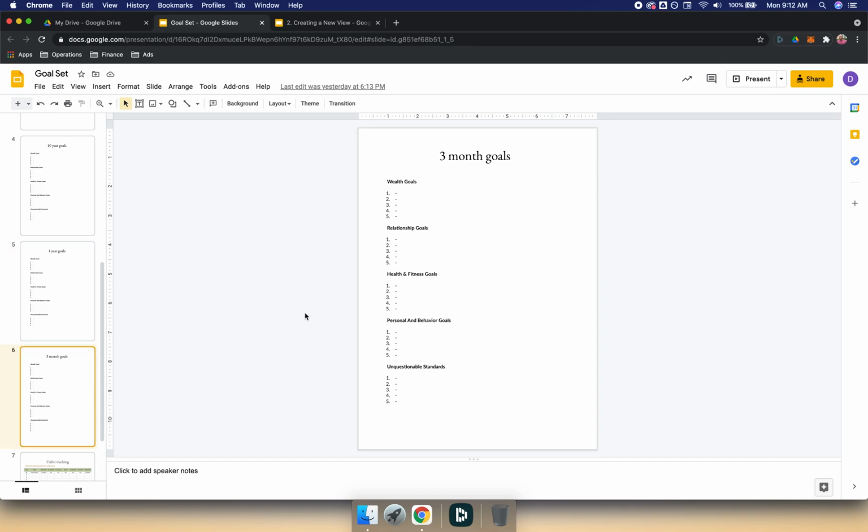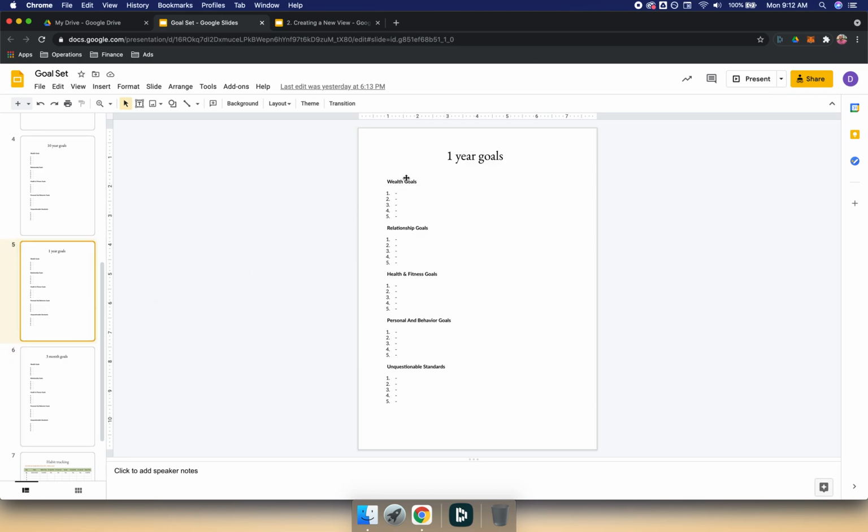And then your 3-month goals, these are the things that you can accomplish, I argue, in 1 month, right? The 3-month goals give you enough time, enough leeway to really try to achieve your dreams, achieve your goals, and start to check off your boxes and work towards your big 1-year goal. So your 3-month goal should really align with your 1-year goal in terms of being a lot more actionable.